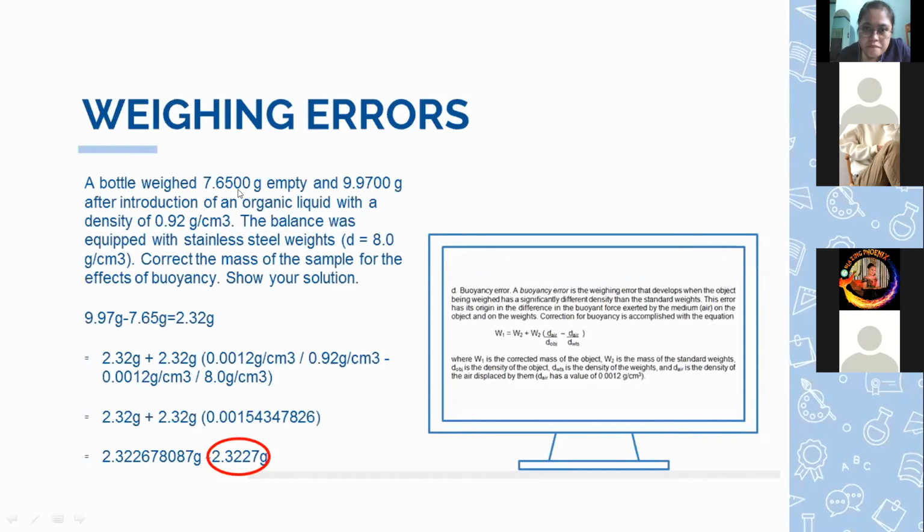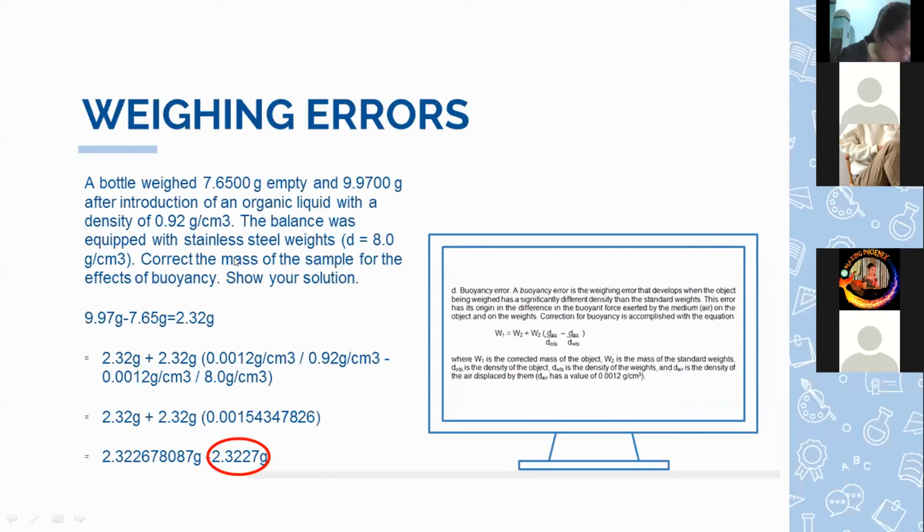So sa letter D is the buoyancy error. Buoyancy error is the weighing error that develops when the object being weighed has a significantly different density than the standard weights. So ibig sabihin, kapag yung object na i-weigh natin ay significantly different ang density sa kanyang standard weights.